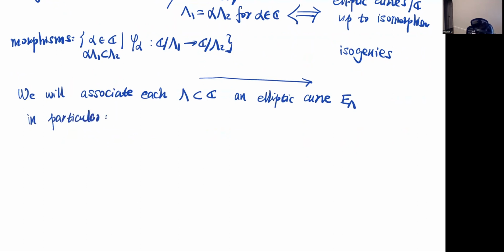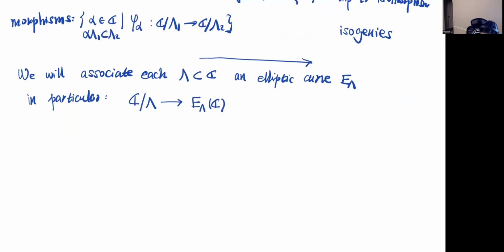In particular, I'm going to define a map from C mod lambda to the set of C points on this elliptic curve. If you think about C mod lambda, I can take one of these parallelograms.